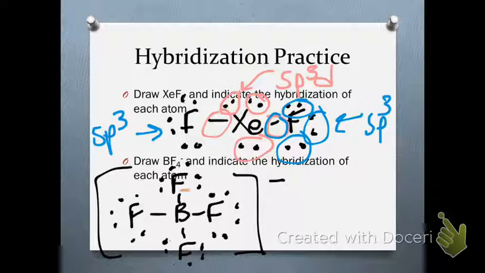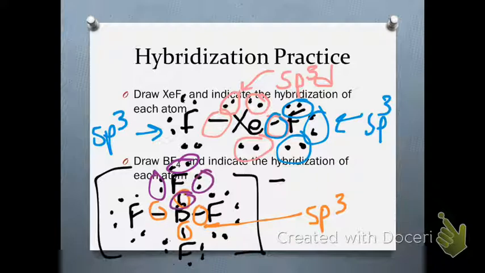So in the case of the B, I have 1, 2, 3, 4 areas. So the B is going to be sp3, totaling to 4. Now in the fluorine's case, I have 1, 2, 3, 4 areas, so it is also sp3. In fact, all of the F's are sp3.